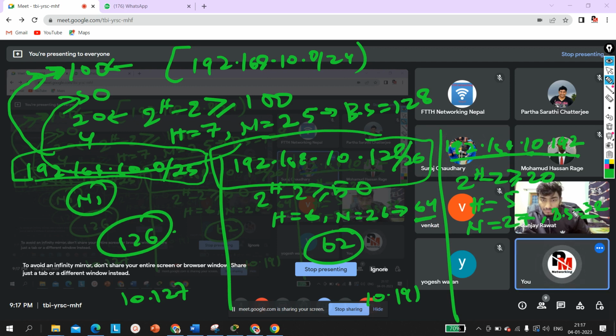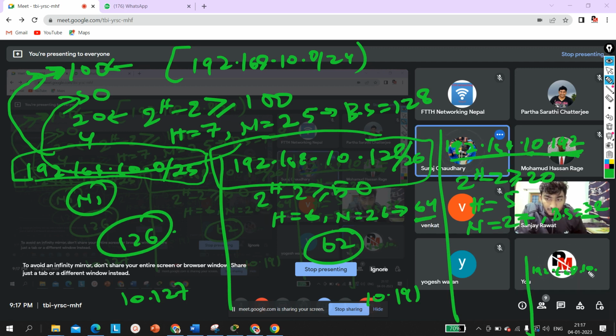If the block size is 32, then what will the next network be? It is 192.168.10.192 and the block size is 32, so the next network will be 192 plus 32, which is 224.